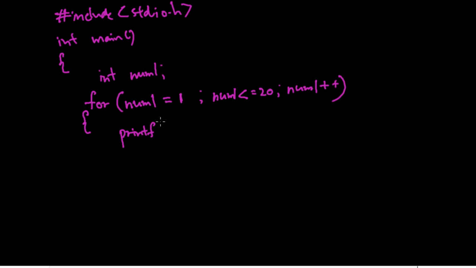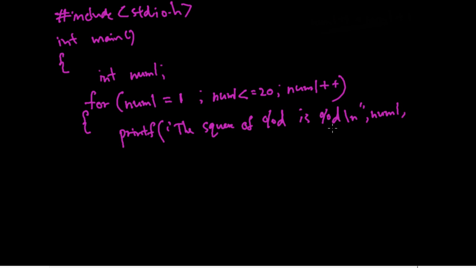Okay, let's continue. So we open the body of it. Printf the square of, let's put %d, I'll explain why later, is %d \n. Now for the first variable is num1.